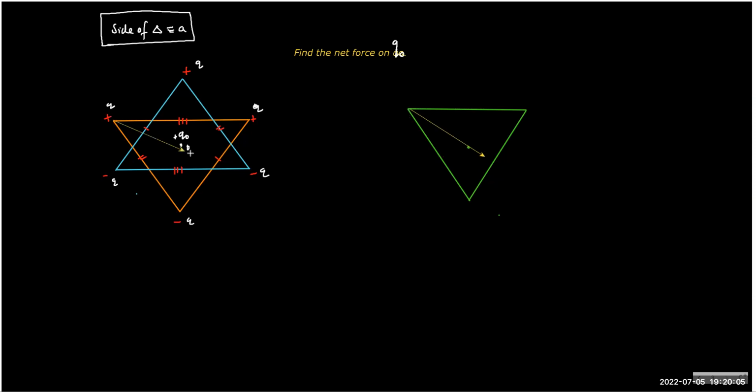At the same time, the negative will also attract this one. And because of symmetry, they must be equal in value. So every force will become double. Top, bottom, all will be the same.